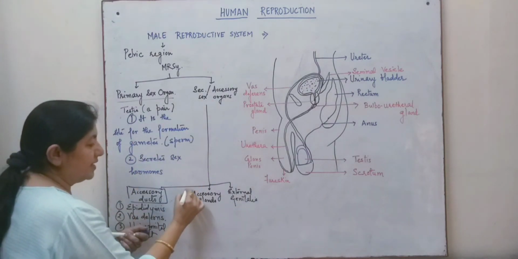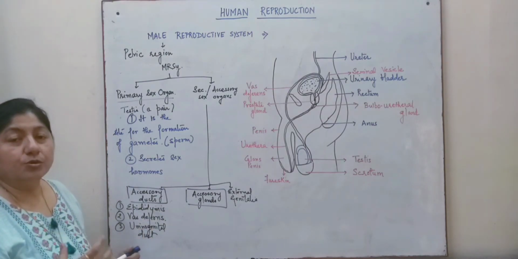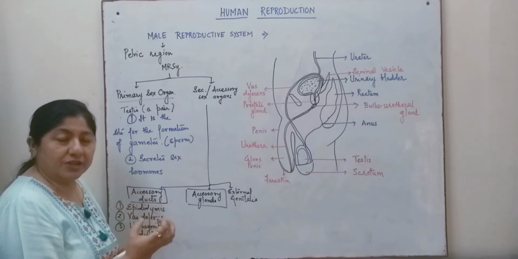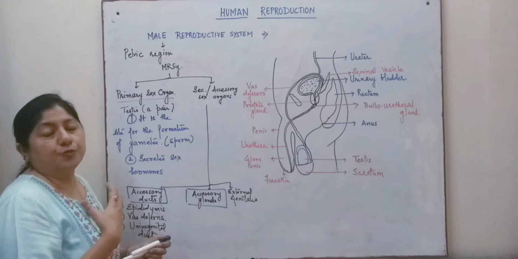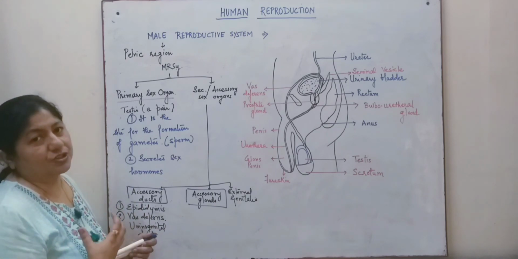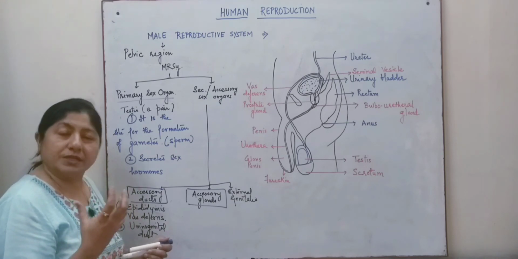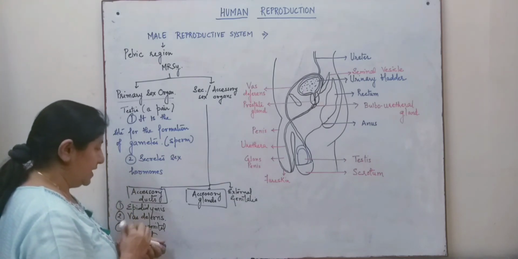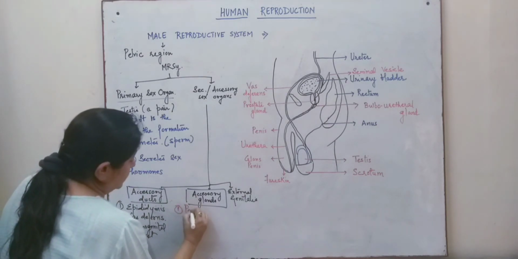When we are talking about the accessory glands, there are certain glands which are the site for the secretions that are added along with the sperm, and these secretions help in the movement of the sperm, and also nourish them. So there are glands which specifically have a role in it. First is the prostate gland.